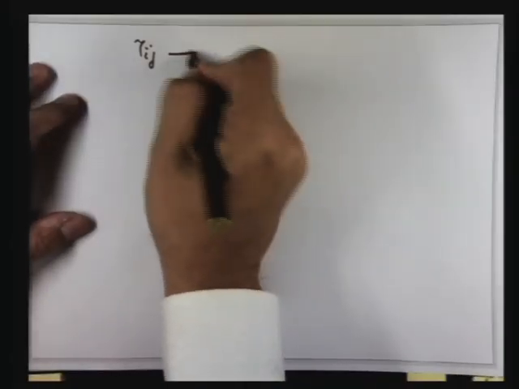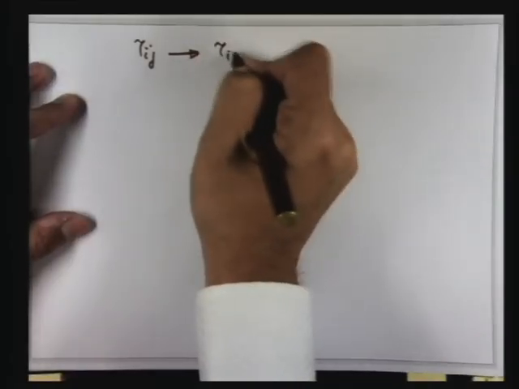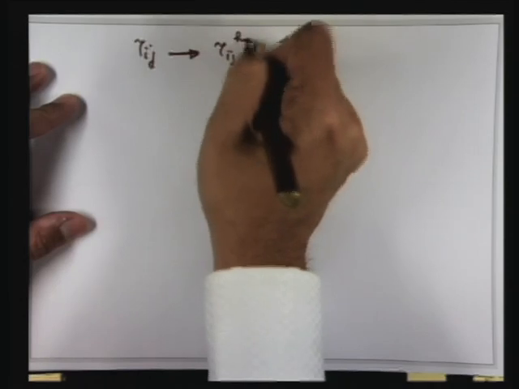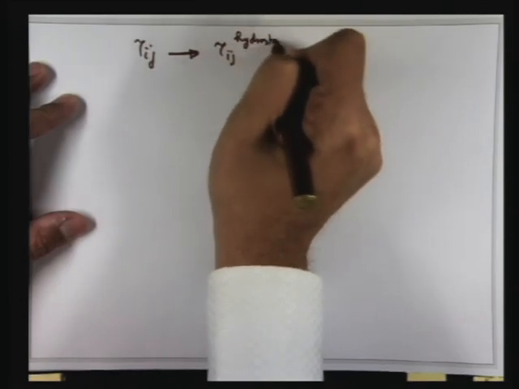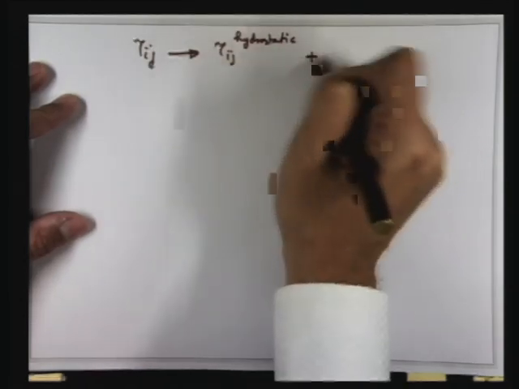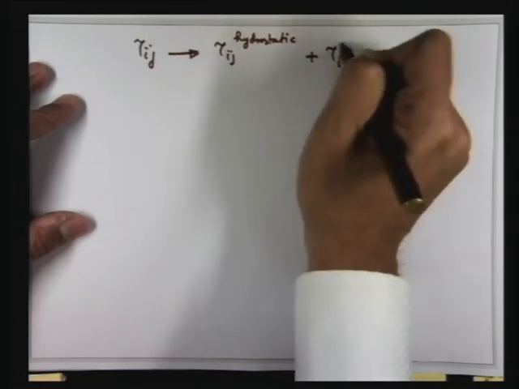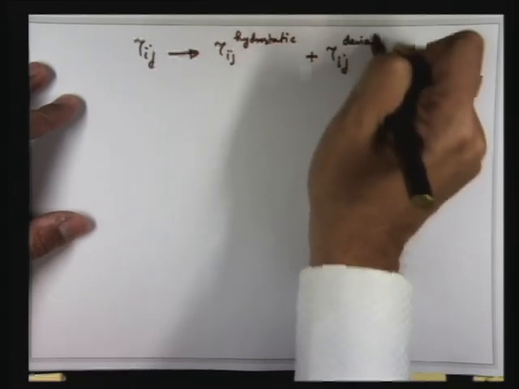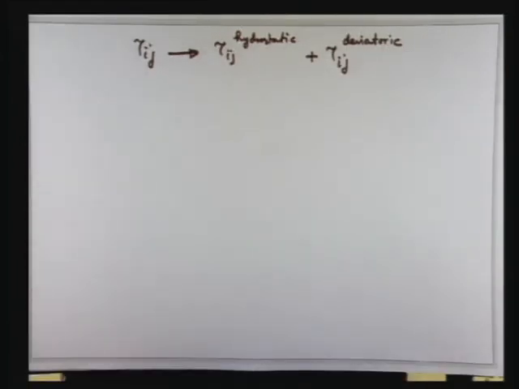So as we have already discussed, you have tau ij as the hydrostatic part, plus you have the deviatory component. The hydrostatic part is not related to deformation and the deviatory part is related to deformation.